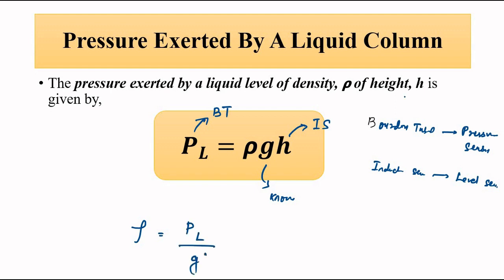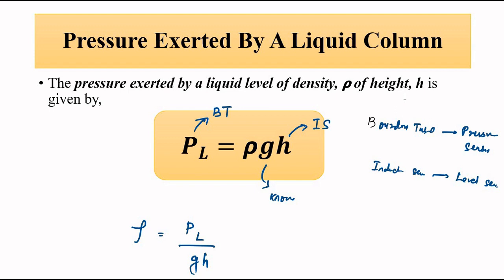Now the thing is that we can use any combination. It is not compulsory that you have to use capacitive sensor with bellows or Bourdon tube and inductive sensor. Any combination is acceptable. You just have to use a particular level sensor and a particular pressure sensor. You can use bellows, Bourdon tube, diaphragms, capsules, membranes, anything to measure pressure.